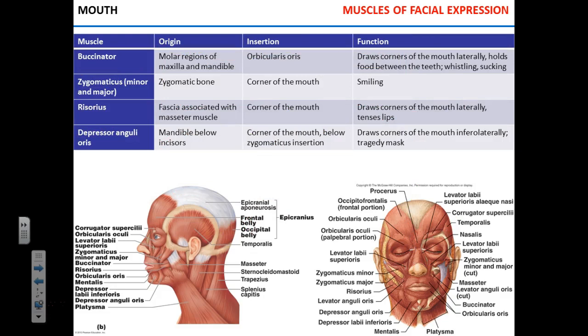Buccinator, the deep muscle. Now, to identify buccinator, it's great to use the dude. If you look at the guy right here, you find number 11. Number 11 is buccinator on the dude.